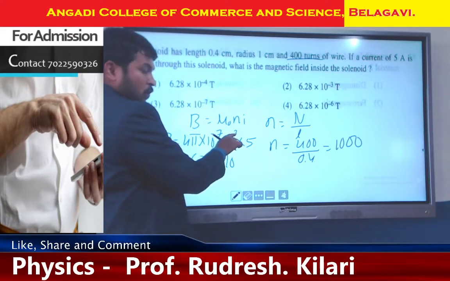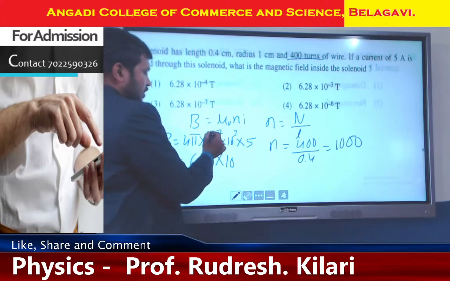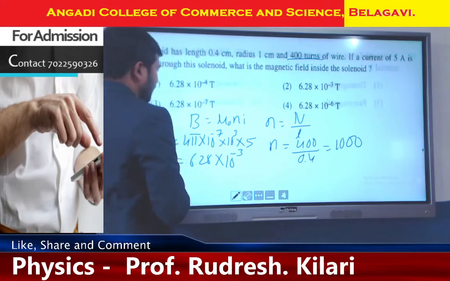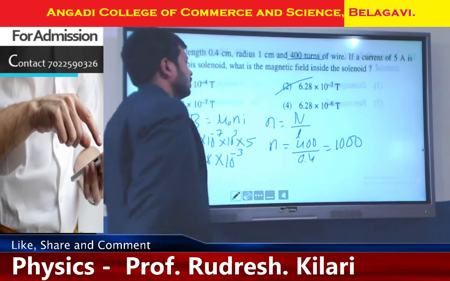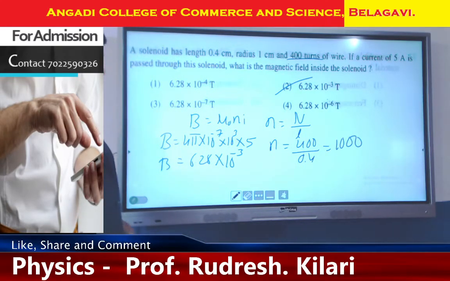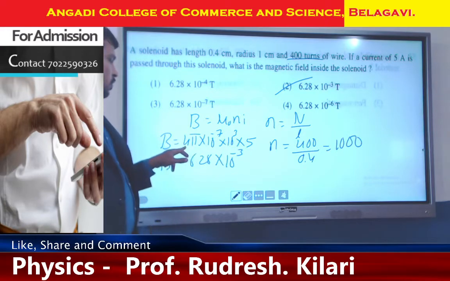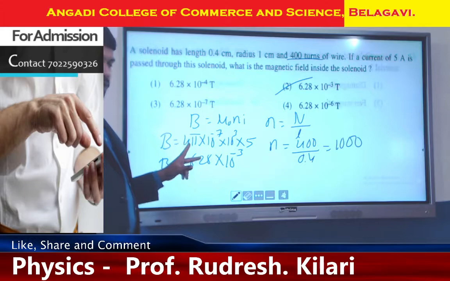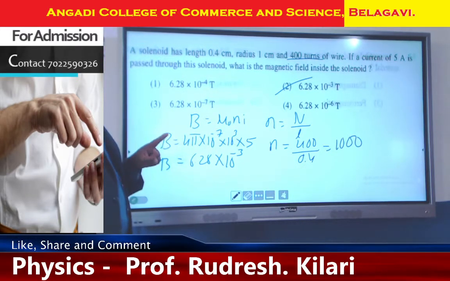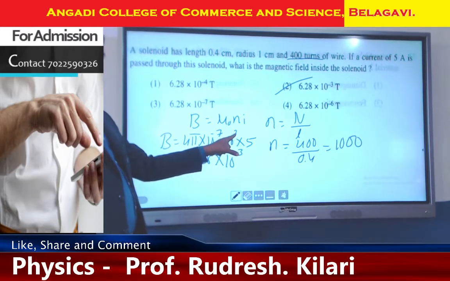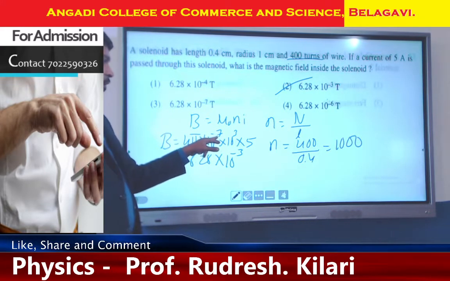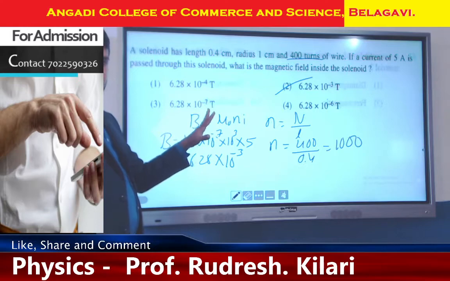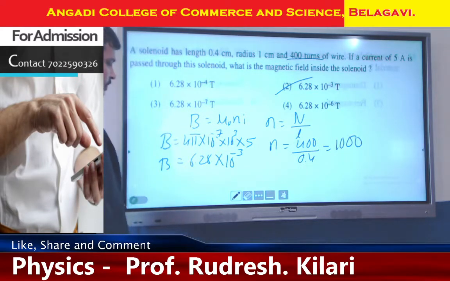Then 10 to the power of 3 and 4 gives 10 to the power of 5. Okay, what is the answer here? Option B is the right answer. Just 5 times 4 is 20, you can write it as 2 into 10 to the power of 1. Again 2 into 3.14 is 6.28. 10 to the power of minus 7 and 4 is nothing but 10 to the power of 3.